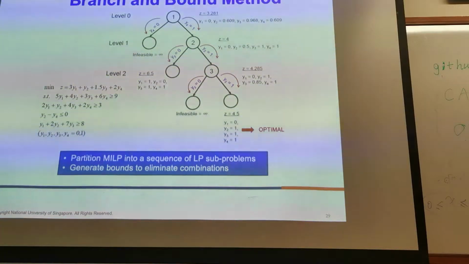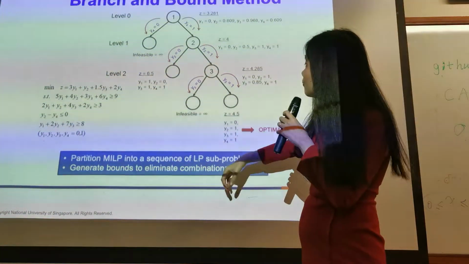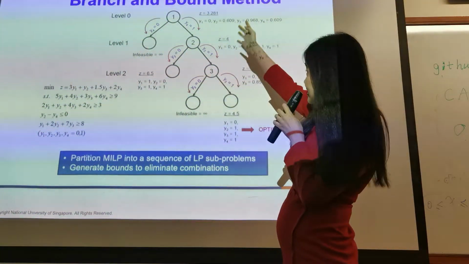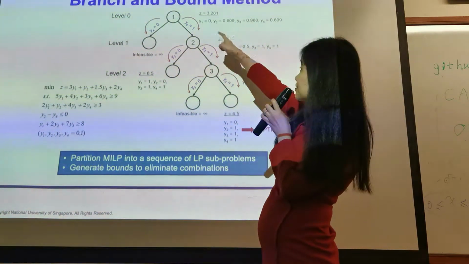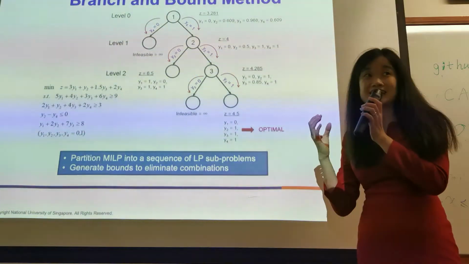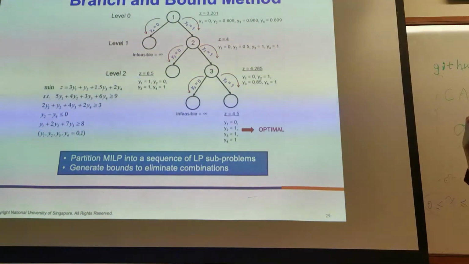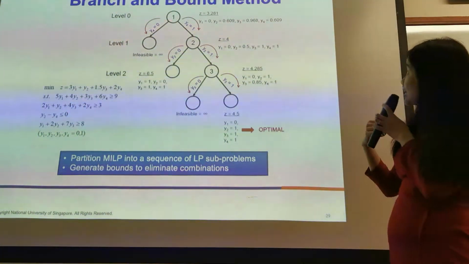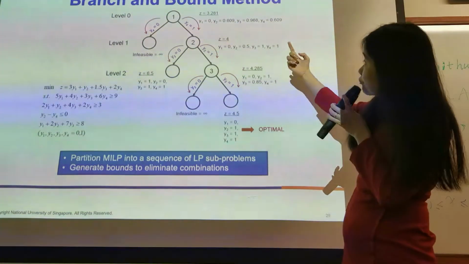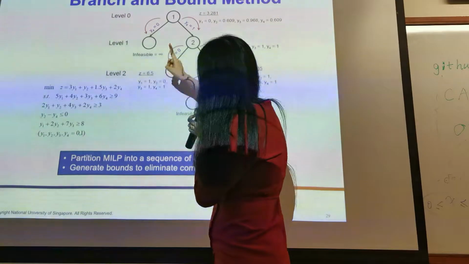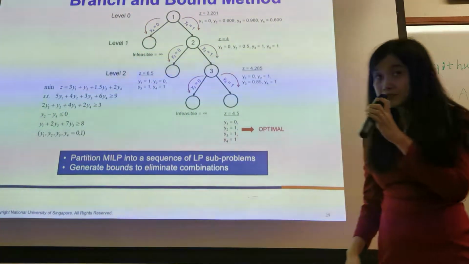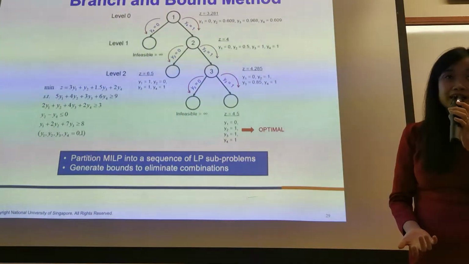So this is a way: if you go with y1, for example, relax it first and get the optimal solution. Already y1 equals 0 from the LP, so it's good. This y1 already meets my binary requirement. Then if I choose y4 here to continue the search, my first branch, y4 equals 0, will be infeasible.